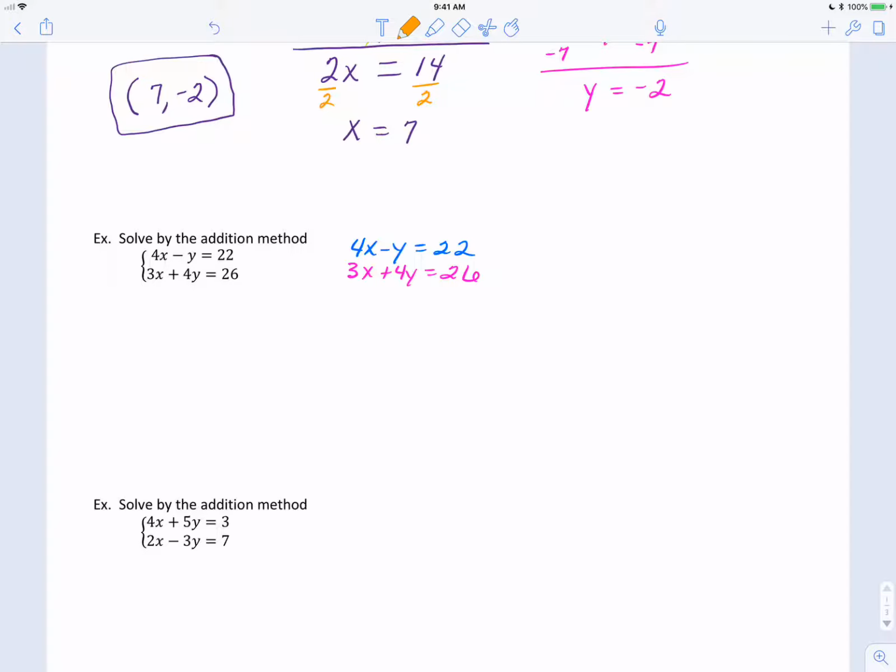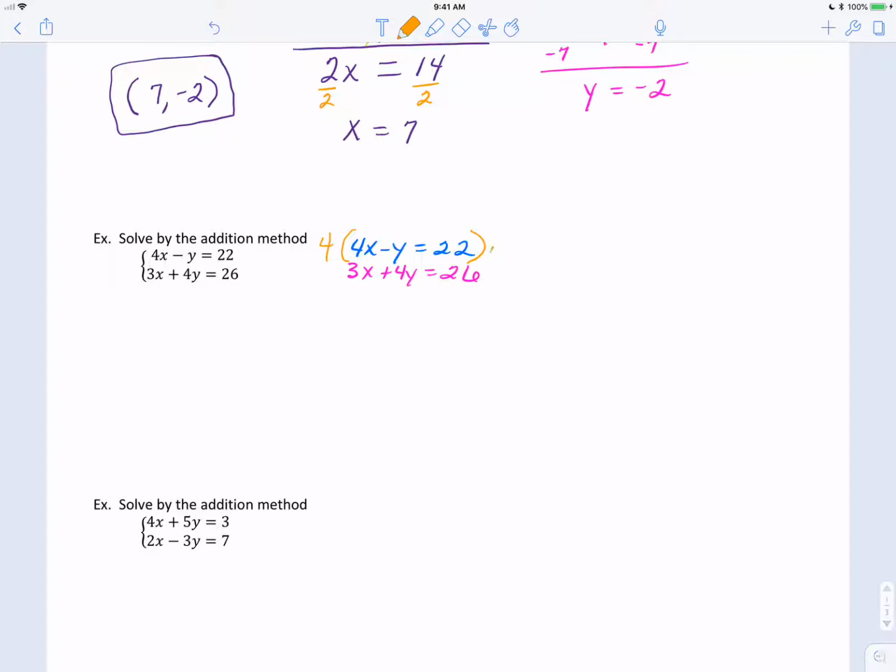Probably the easiest thing to work with would be those y's, because we already have that negative y, and I can multiply that whole equation by 4 and make that become a negative 4y, so that would cancel out with that positive 4y in the second equation.